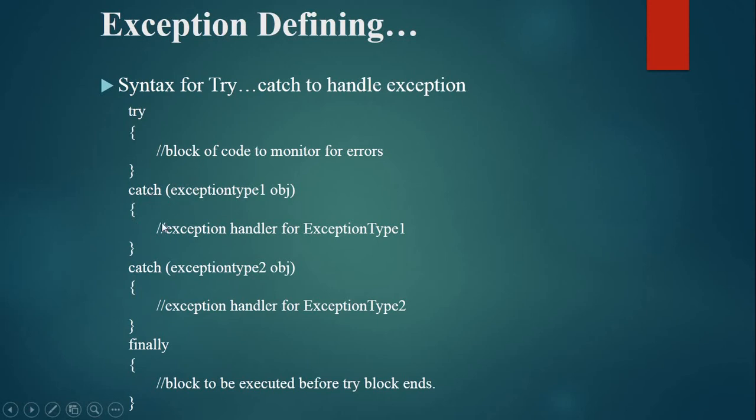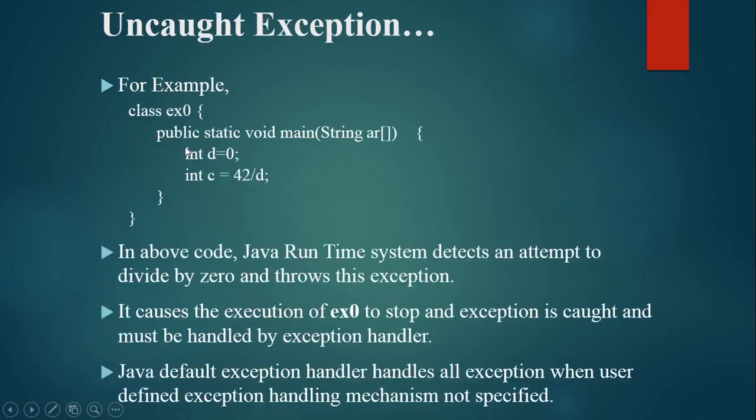Any number of catch blocks can be available. Here we have two catch blocks. There will also be a finally block. The finally block is not available in code every time, but we will understand what finally is. So this is the exception handling mechanism syntax.